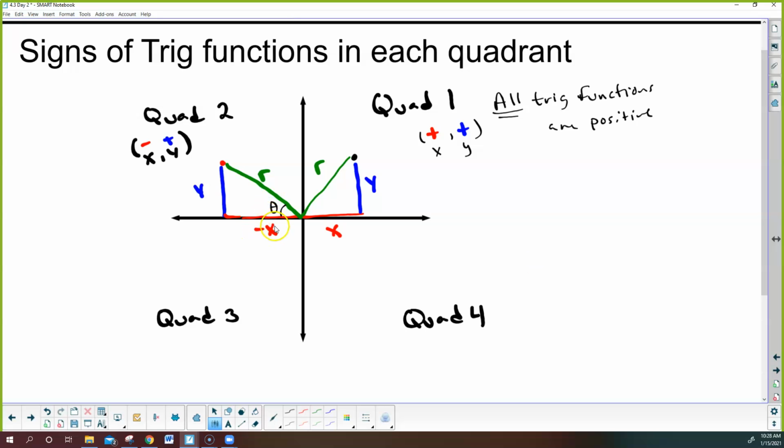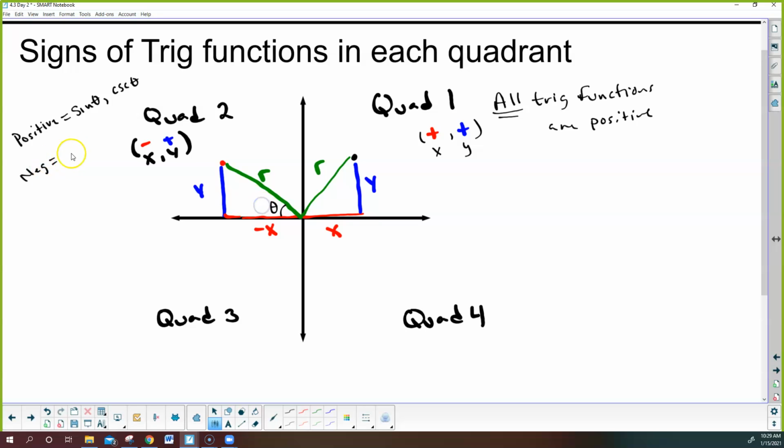Anything that has the x or the adjacent would be negative. So that means that the positive signs are the ones that just involve y and r. And that is sine and its reciprocal. Those are the only ones that are positive.